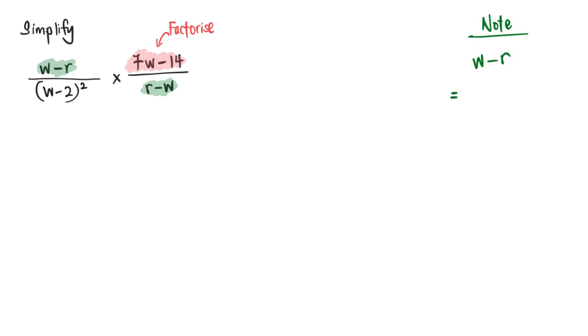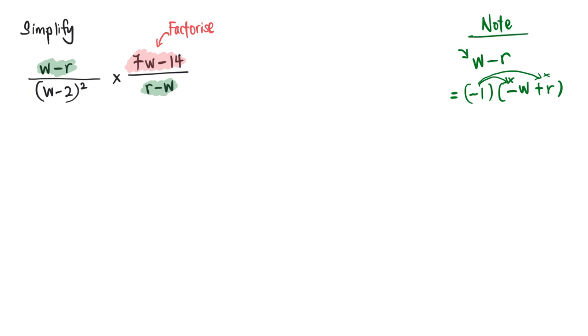If I were to take out a negative, then the w has to become a negative w, and the r has to become a positive r, such that negative times negative does give me back my positive w.